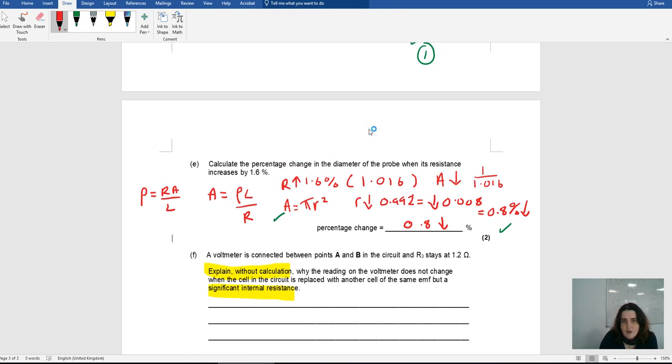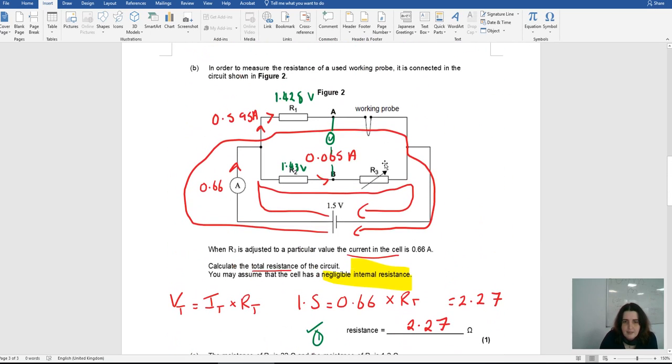Even if I added a resistor here, this voltmeter is still measuring what's left after it's gone through R1 and R2. If there was an internal resistor here, that would have taken away, irrespective of which path it went, an amount of potential, which means that when it goes through here, I'm still going to leave the same proportion here and the same proportion here.